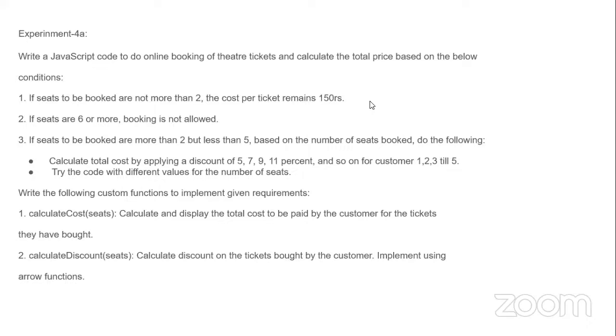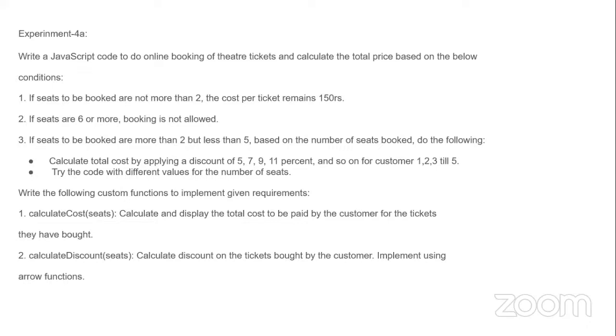If seats to be booked are not more than two, then the cost per ticket remains 150 rupees. So you will write an if condition, and in the condition you will check if the number of seats is less than 2 or not. If that condition is true, then in the block you have written, you will calculate 150 rupees per ticket and return the result.